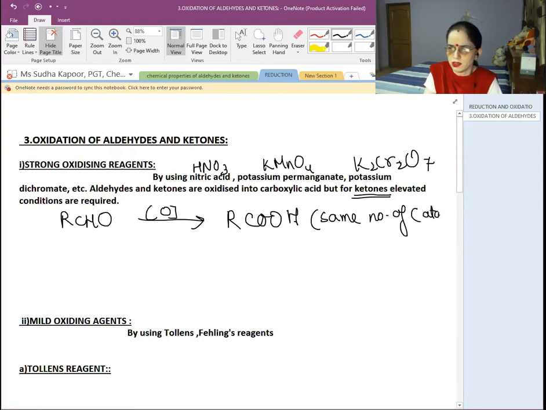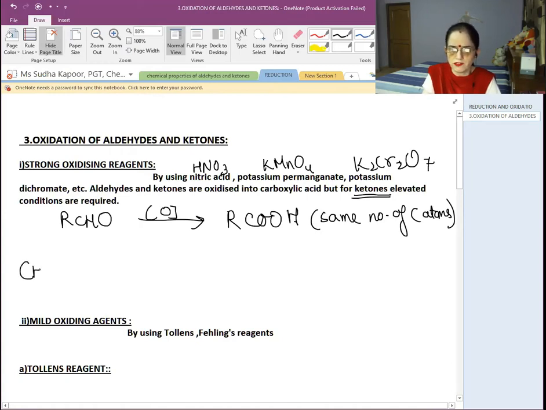But if we take a ketone, then on oxidation the ketone gives a mixture of acids, but the total number of carbons will remain the same. The acids would be of lesser carbon atoms, but the total number of carbon atoms in both acids, when we calculate it, remains the same. Each acid would have a smaller number.